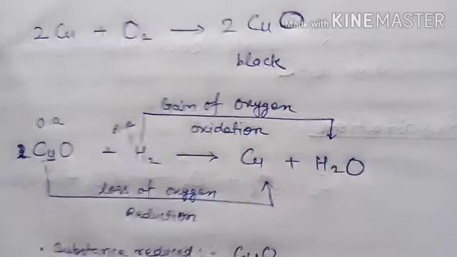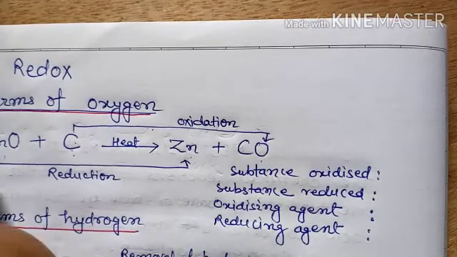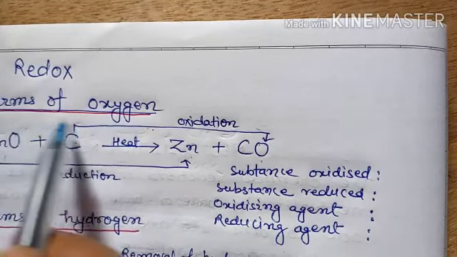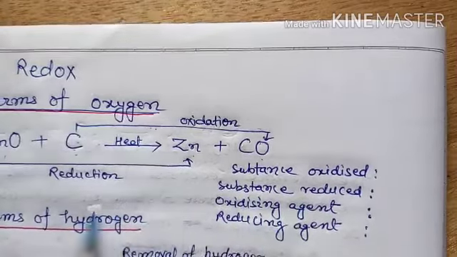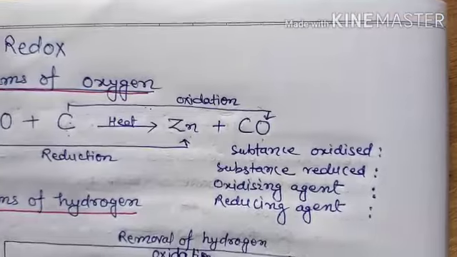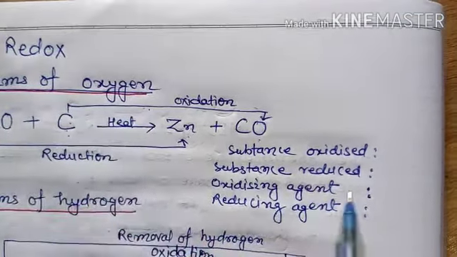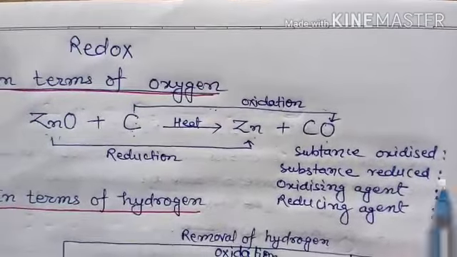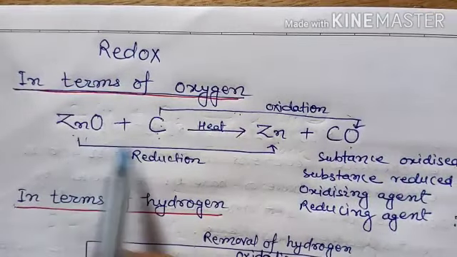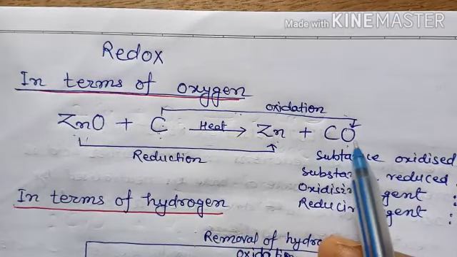Now students, we'll take other examples of redox reactions. First of all, we discuss in terms of oxygen. The previous one, cupric oxide reacting with hydrogen, was also an example in terms of oxygen. Now we'll take another example: zinc oxide reacting with carbon. On heating, it forms zinc and carbon monoxide.